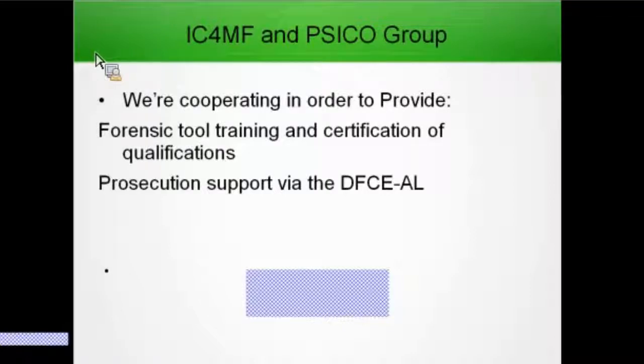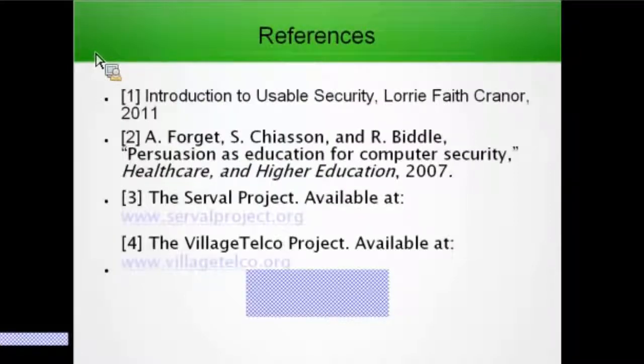We're establishing a partnership with IC4MF in order to cooperate and provide forensic tool training and certification, as well as prosecution support via DEFC, which is another organization linked to IC4MF.